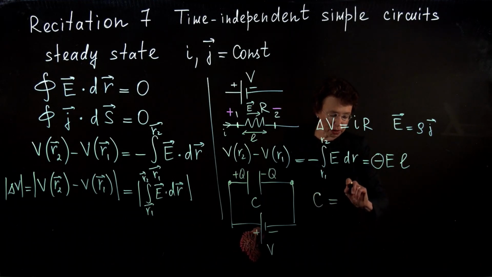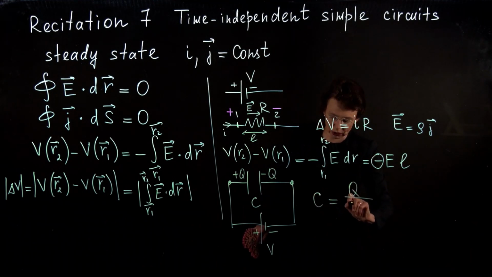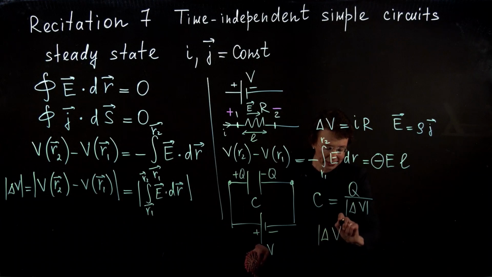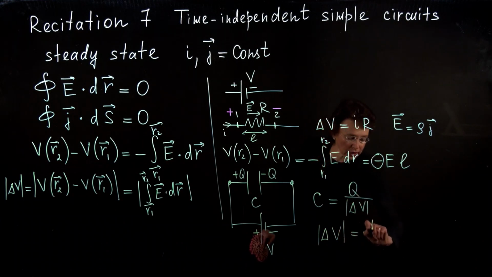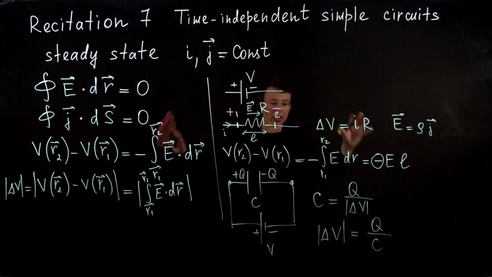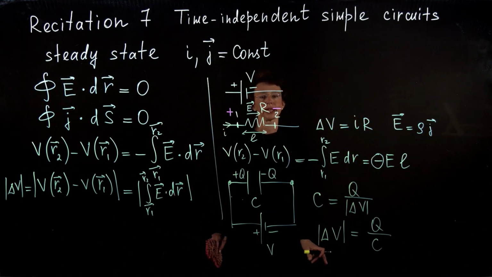C, capacitance, by definition, is Q divided by the absolute value of delta V across the capacitor. Delta V is Q over C. And I believe I summarized all the formulas that we need to use to solve any problem with circuits.